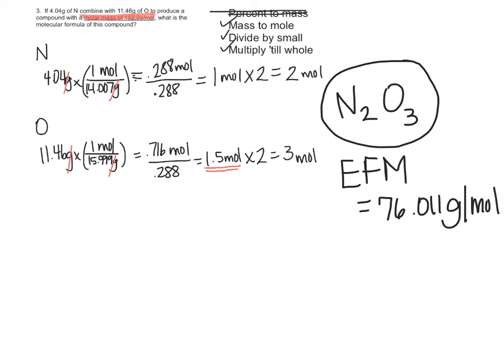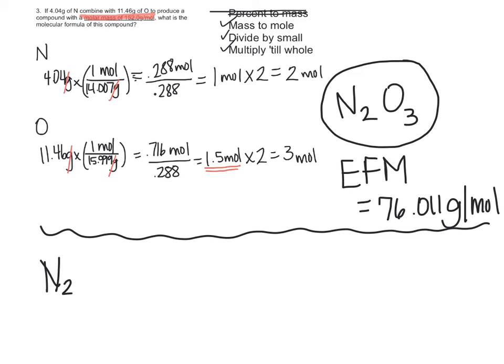Okay? Now remember that the molecular formula is a multiple of my empirical formula. So if I have my empirical formula, which is N2O3, and I know that I need to multiply that by something, I need to know what this number is going to be.